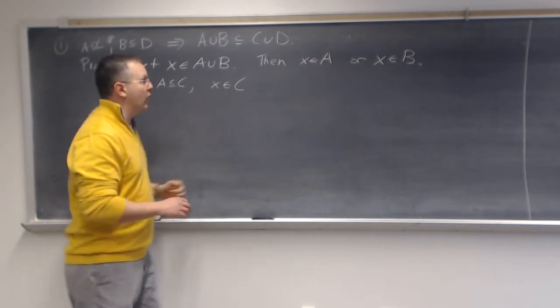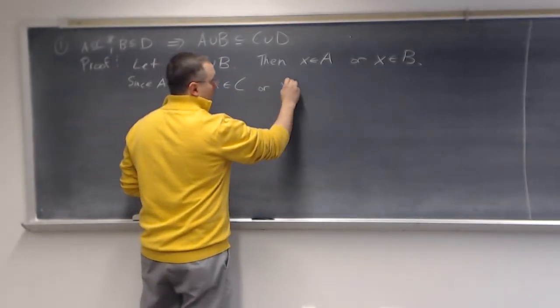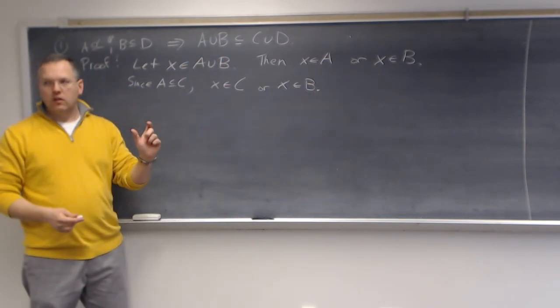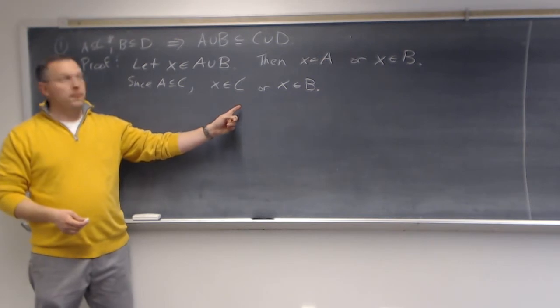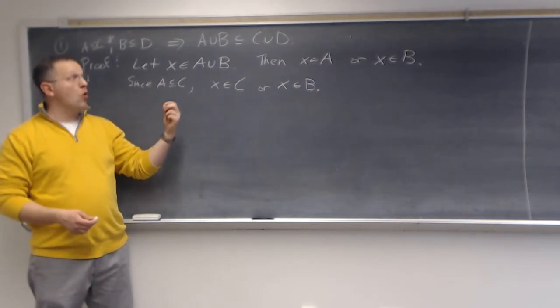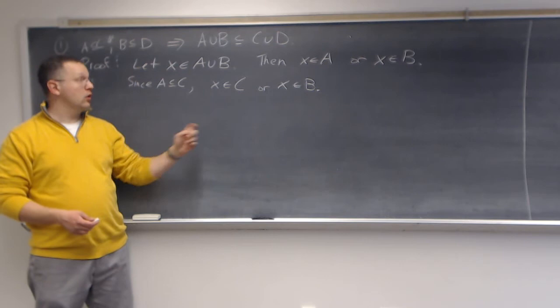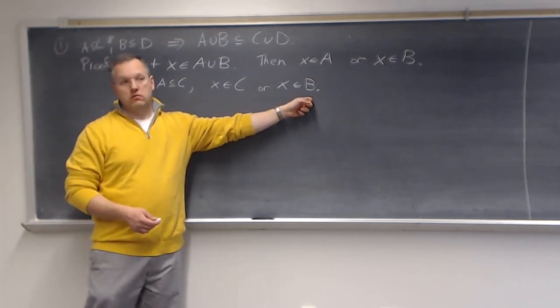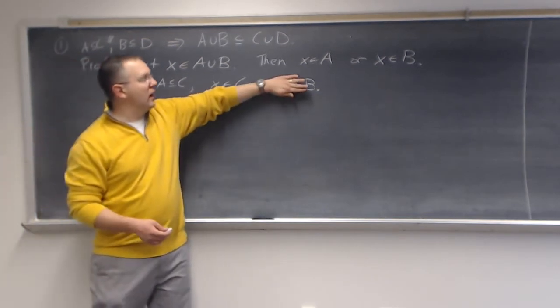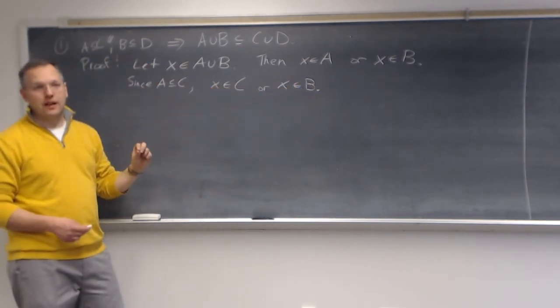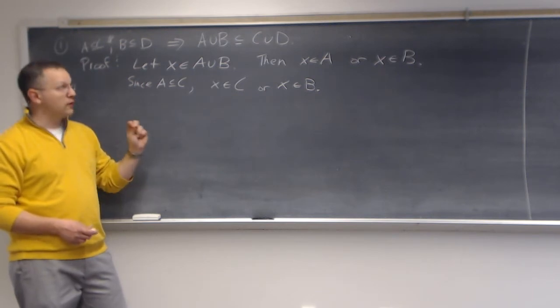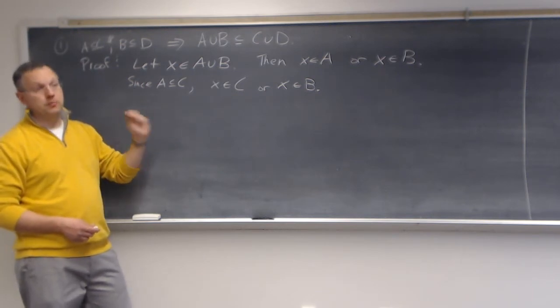So the only thing that would be correct is saying X is in C or X is in B. Do you see the subtlety there? This is a true statement. If X is in A or X is in B, then I can conclude that X is in C or X is in B. If I left off 'or X is in B,' it's technically not correct. We don't know for sure that X is in C. But I do know for sure that X is in C or X is in B.